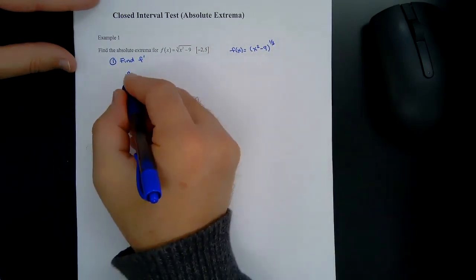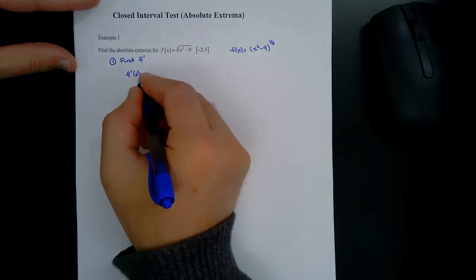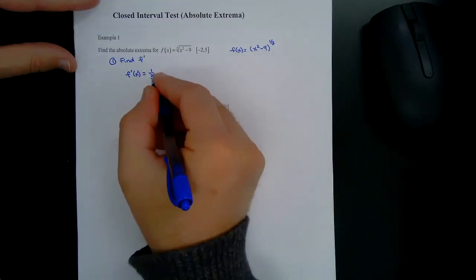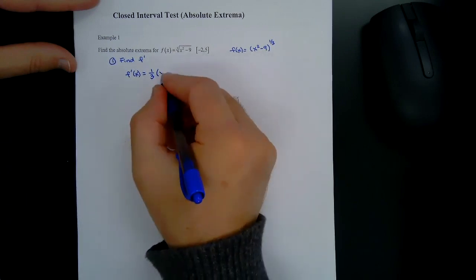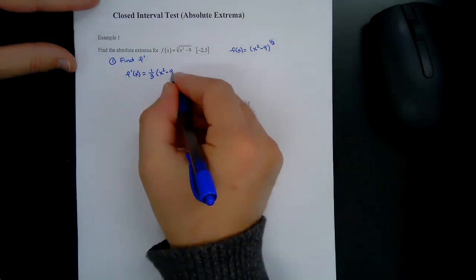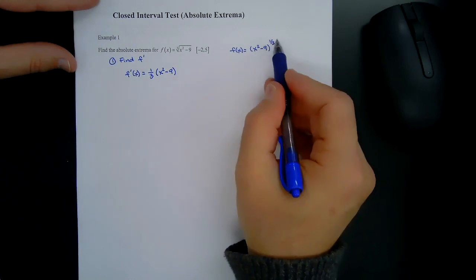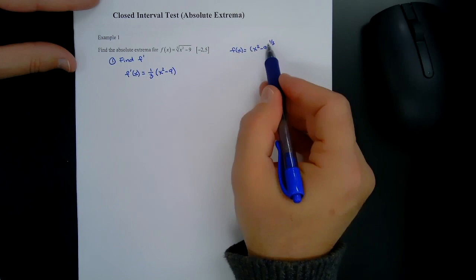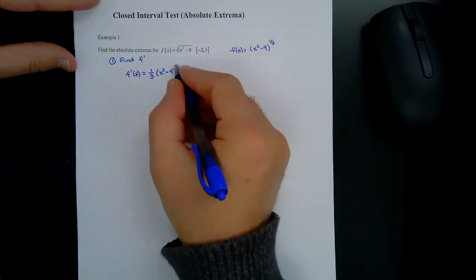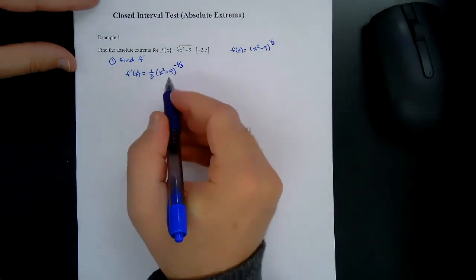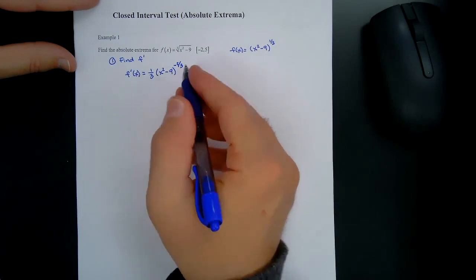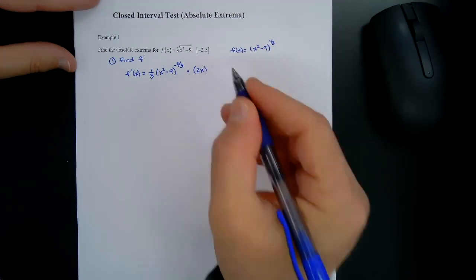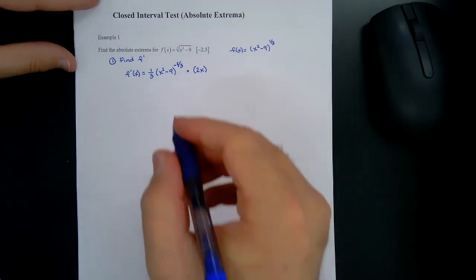So that means f prime of x would equal power down, so that'd be 1/3 times x squared minus 9, the inside part of the function, raised to the, and I have to subtract 1 from this, but that's equivalent to subtracting 3/3 from this, which makes -2/3. And then I got to take the derivative of this inside function, so then times, and that would just be 2x, because the derivative of x squared minus 9 is just 2x.